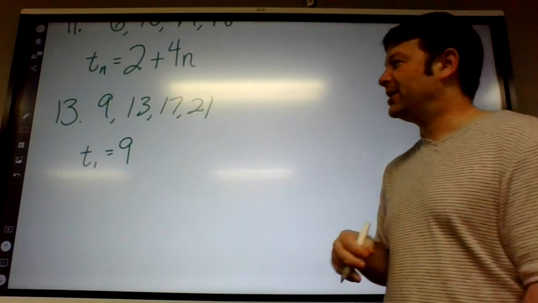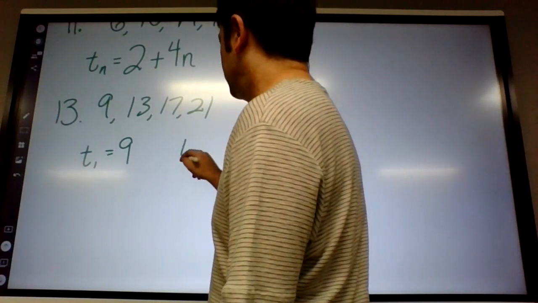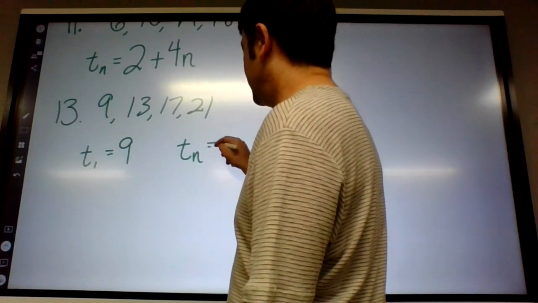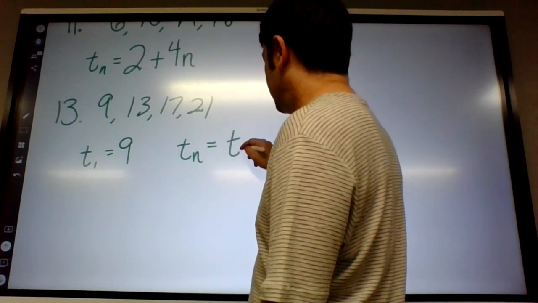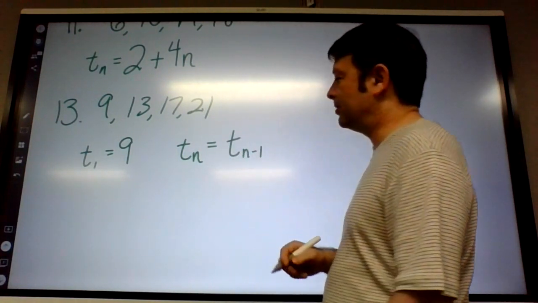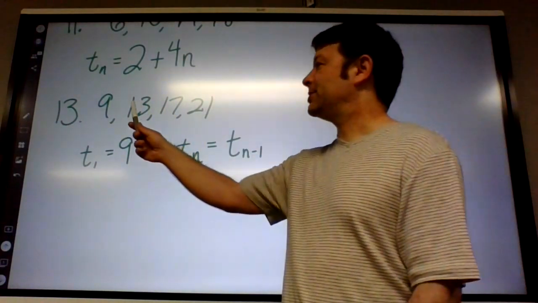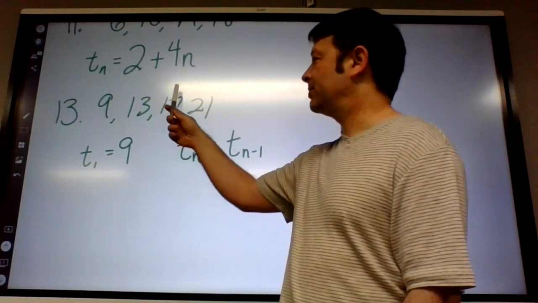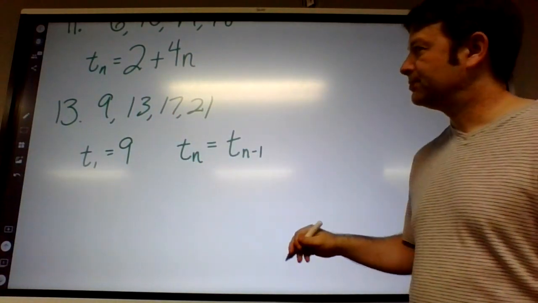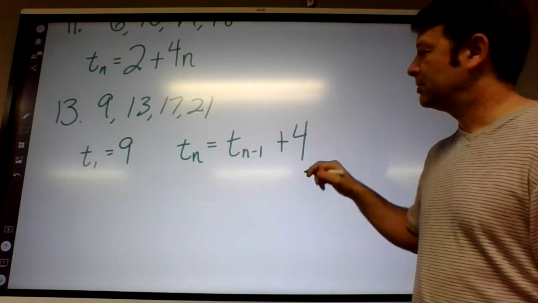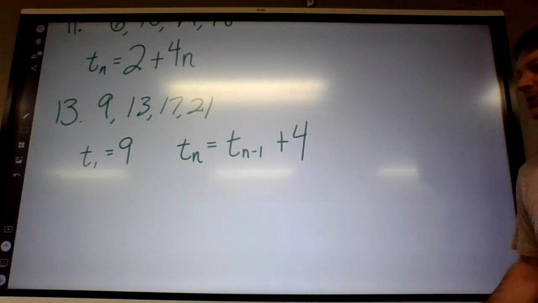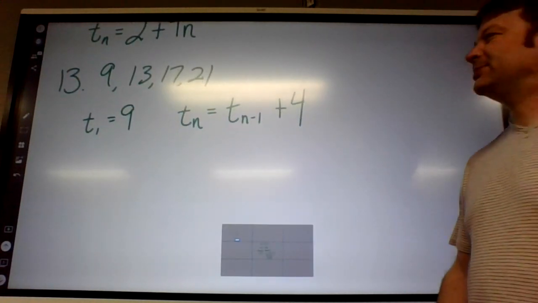T sub 1 is 9. T sub n equals the previous term, T sub n minus 1. And then what? What is the pattern here? How are we getting from 9 to 13 to 17 to 21? Plus 4. So it's kind of like number 1, basically. Pretty much.